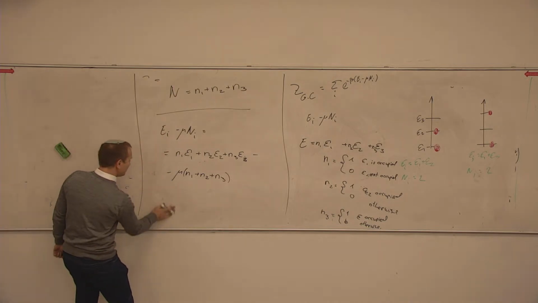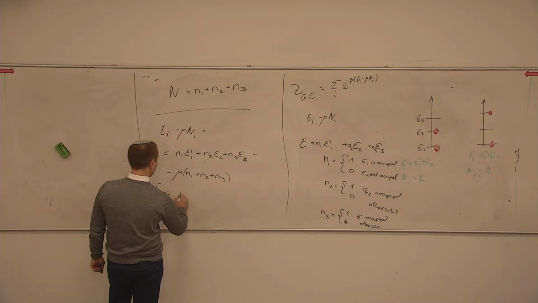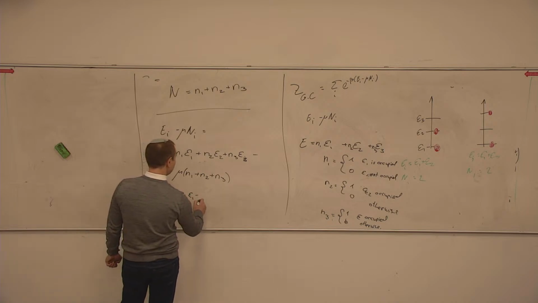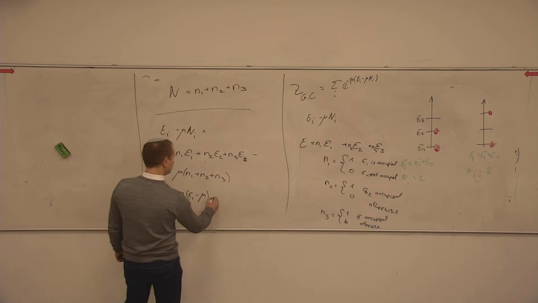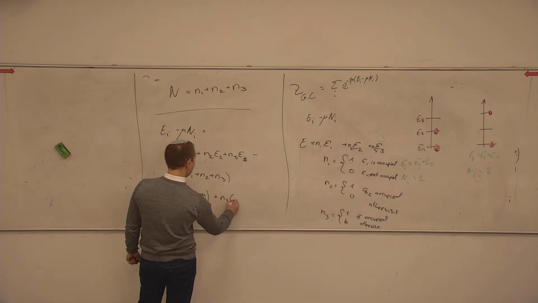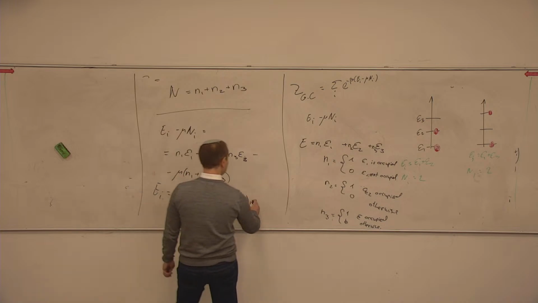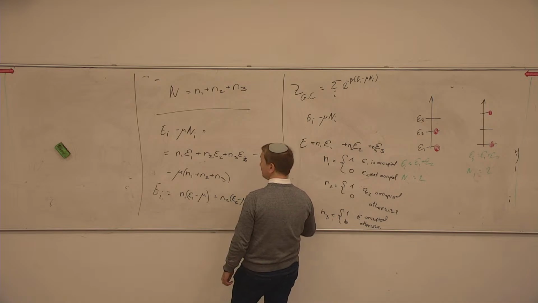In total, write it down as E_i minus mu N_i equals n1 (epsilon 1 minus mu) plus n2 (epsilon 2 minus mu) plus n3 (epsilon 3 minus mu).